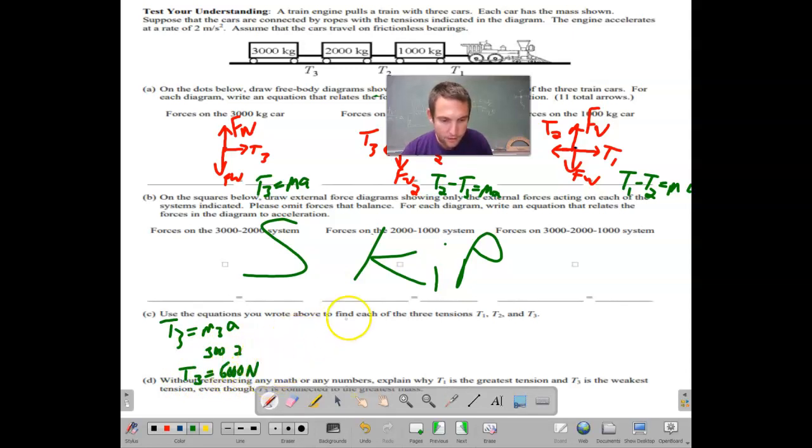Okay. T2: we have T2 minus T3 equals MA. T2 is what we're solving for, so I'm going to add T3 to each side. So I have T2 equals mass, 2,000 times 2 is 4,000.